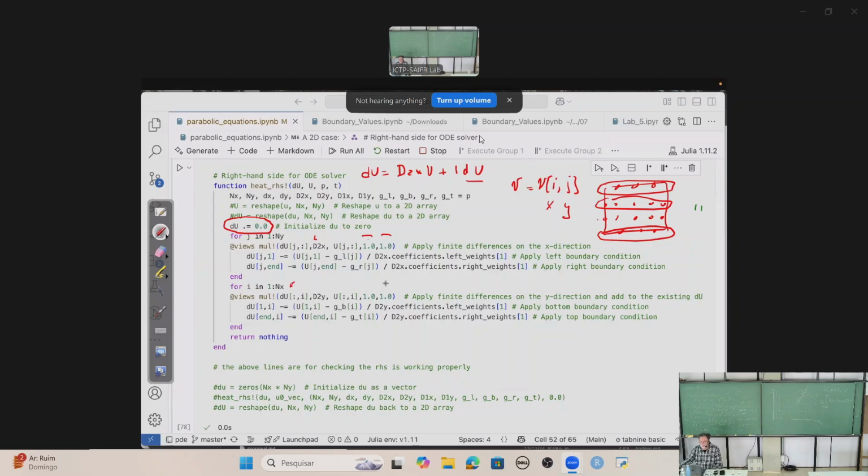And here the 1 is important, because I want to sum to these values of du the values that I already had here. That's why I put a 1 here. So that's all. There's something here which I do, these views here. Somebody asked that the other day, yesterday.